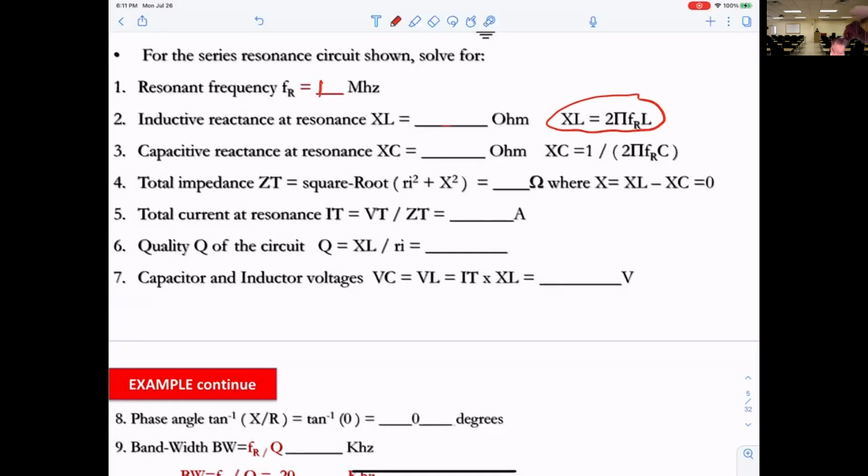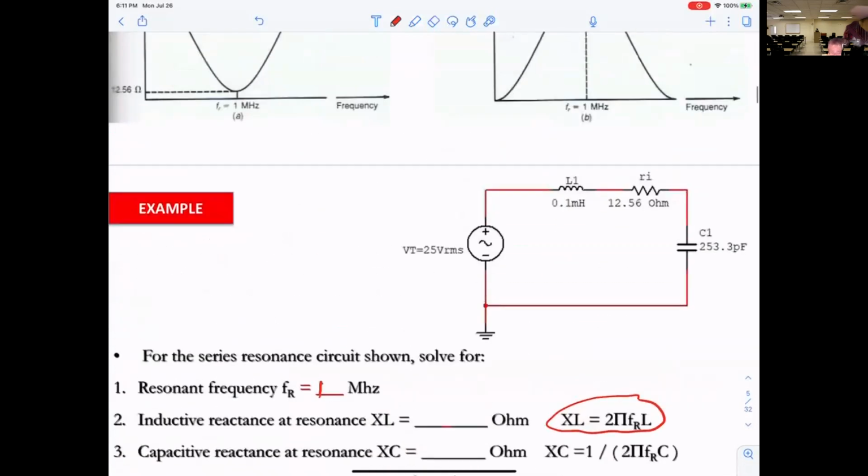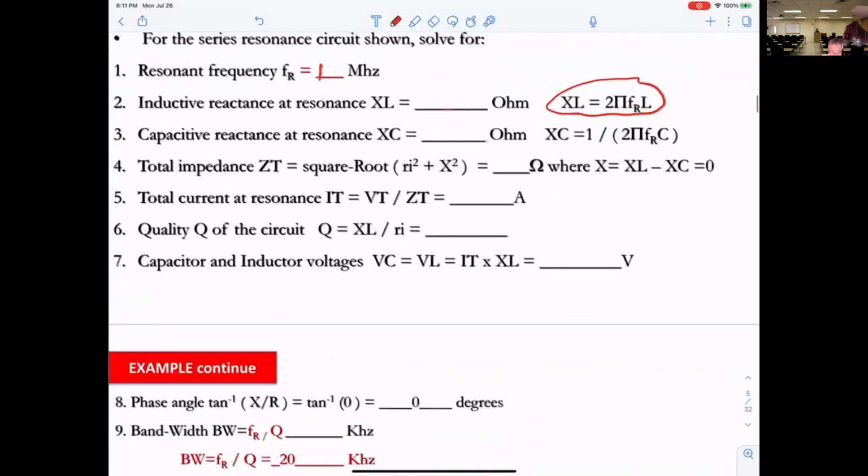I'm not doing the calculation, the guys do it for me. 2 times pi, 3.142, times 1 megahertz, times L, 0.1 millihenry.